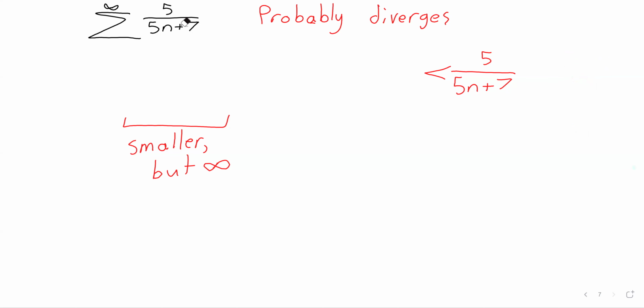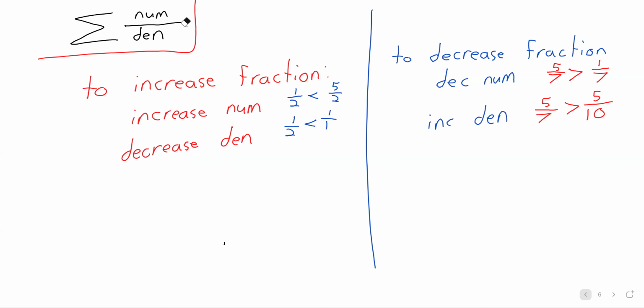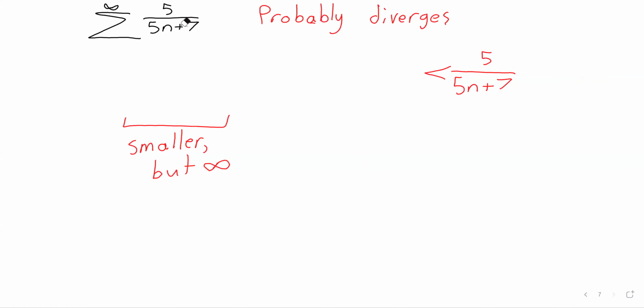And again, we're trying to decrease the fraction in a kind of artistic way. I mean, this is certainly bigger than 0, but that's useless because 0 is convergent, and being bigger than a finite thing doesn't tell us anything. So we're trying to do it in this very specific way so that we find a smaller but infinite series.